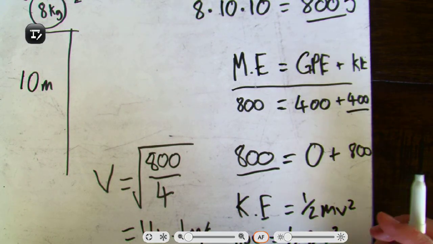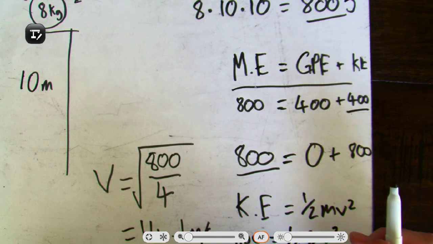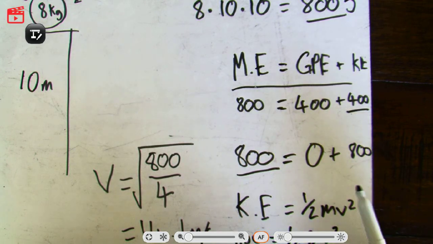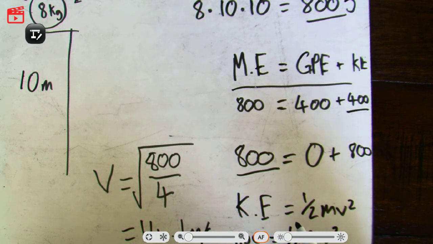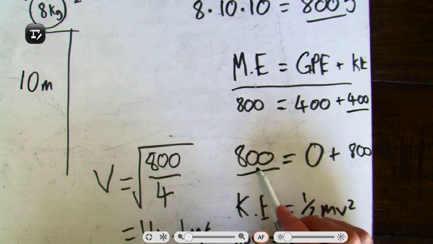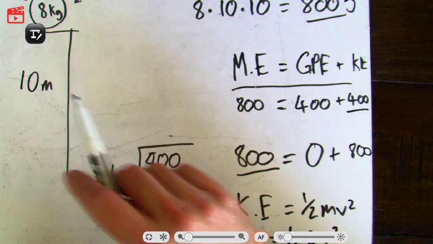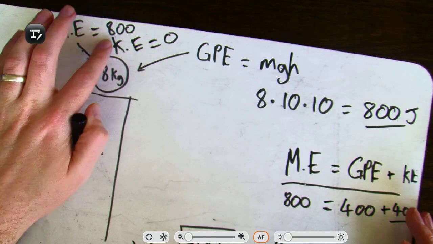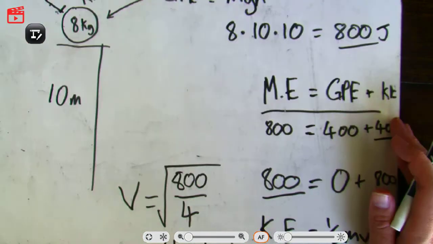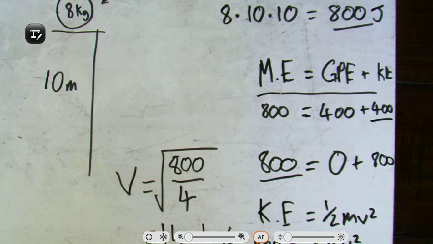Well, in an ideal world, it would be. You wouldn't lose any energy, but in reality, there's energy being lost as heat from friction through air resistance, and then probably a little bit of sound as well. So it'd probably be a little bit less than this. The total mechanical energy before was 800 up here, but by the time it hits the ground it's probably a little less because there's some energy that's lost to the surroundings.